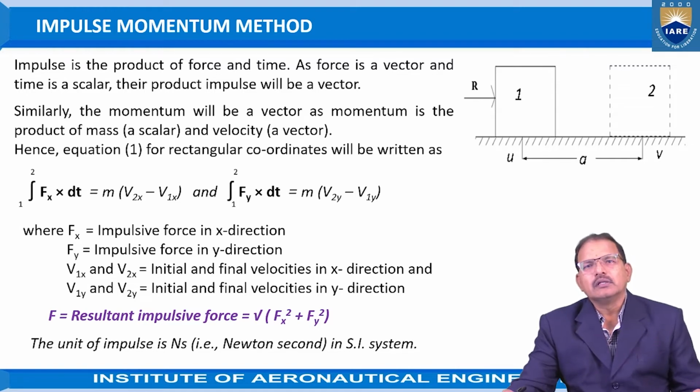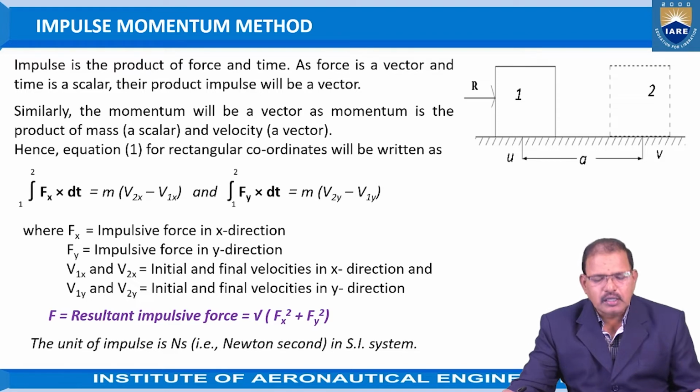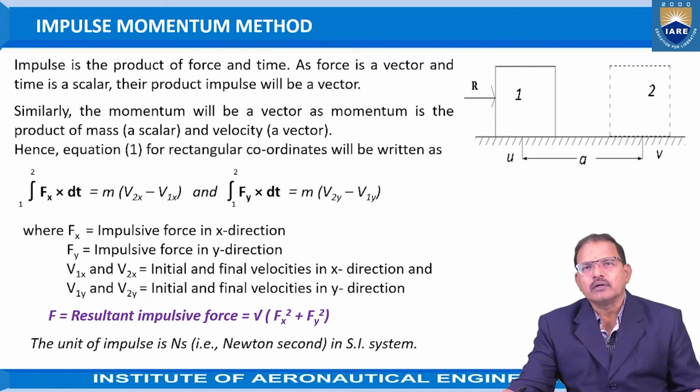Force is a vector quantity and time is a scalar quantity, hence the impulse, the product of force and time, is also treated as a vector quantity. Similarly, in momentum, the velocity is a vector quantity and the mass is a scalar quantity, so the product of mass and velocity is again a vector quantity.